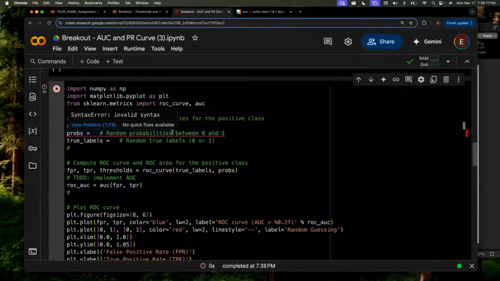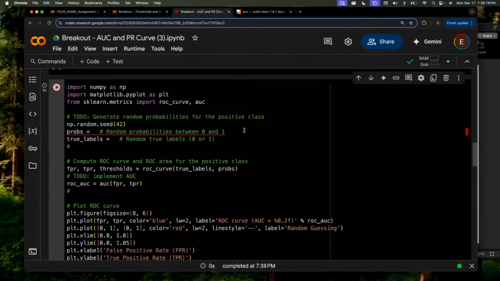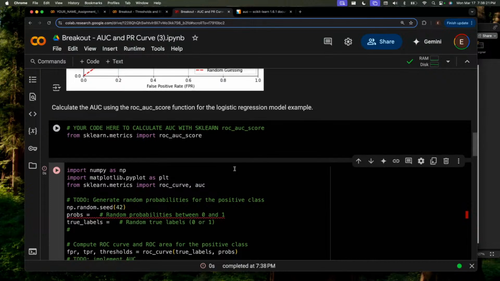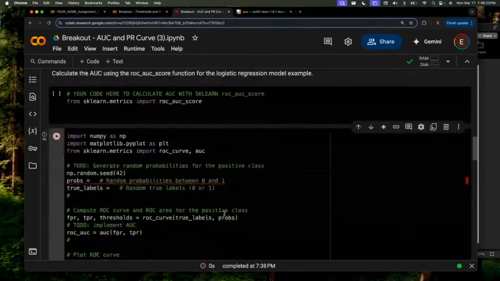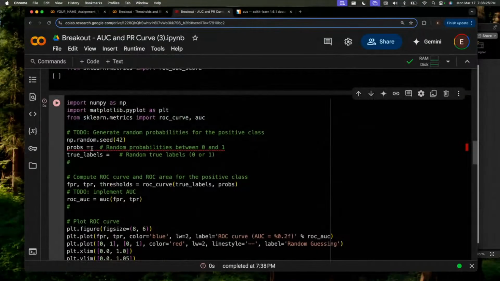Oh, predicted random probabilities between 0 and 1. We are missing that.